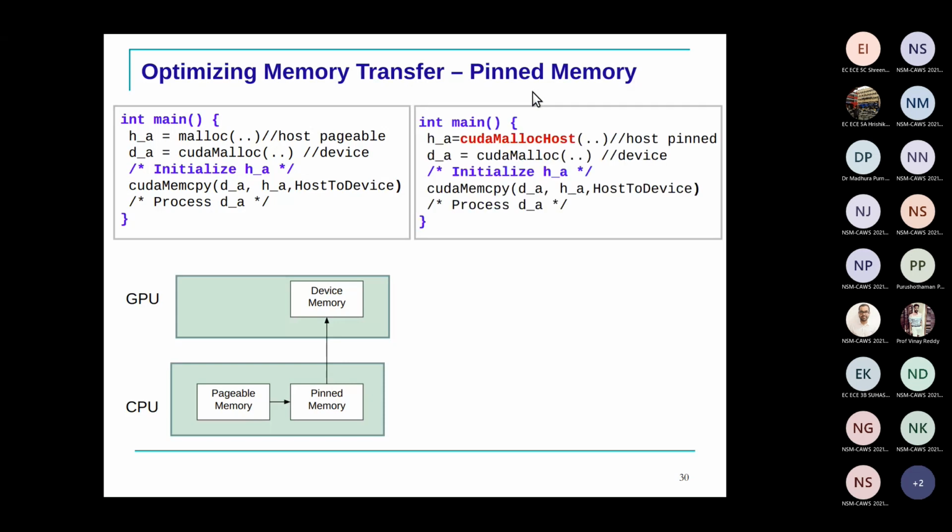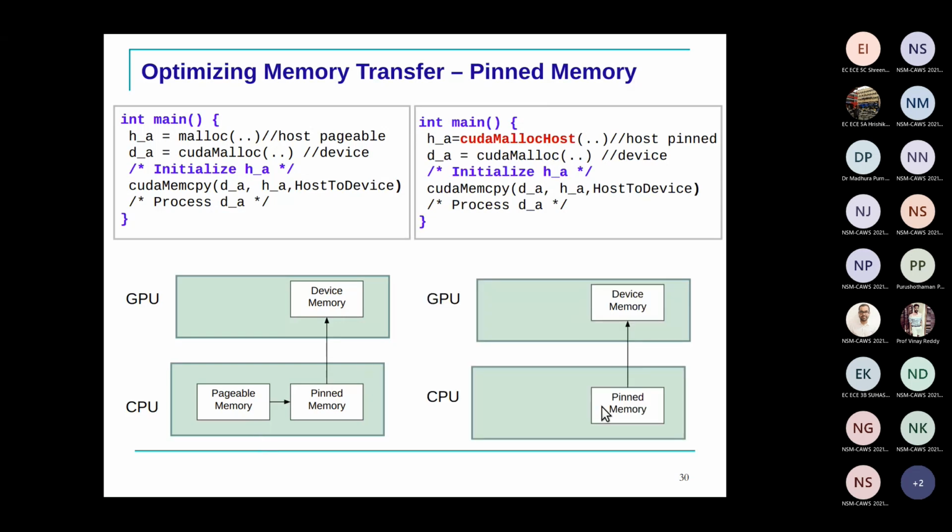The CUDA programming language supports a construct called cudaMallocHost. So what does it say? Instead of allocating the data directly on the pageable memory, you directly allocate the data on the pinned memory. Now when the data is in pinned memory and you do the data transfer, the data will be transferred directly from CPU to GPU, and there are no redundant data transfers.